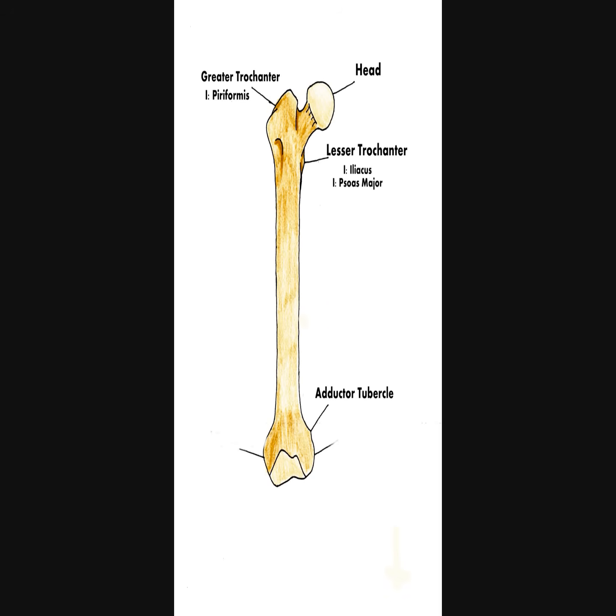There's one muscle that inserts onto the adductor tubercle, and wouldn't you know it, it's one of the adductor muscles. It is the one that's named after its size, not its length, but how big it is. The muscle that inserts onto the adductor tubercle is adductor magnus. Adductor magnus inserts onto the adductor tubercle.